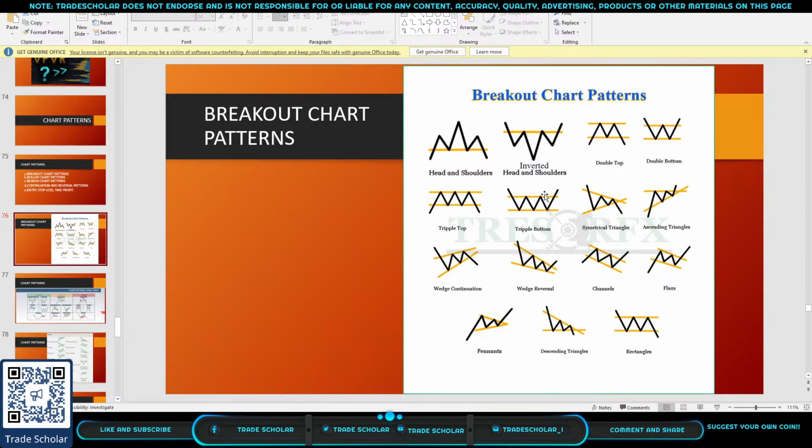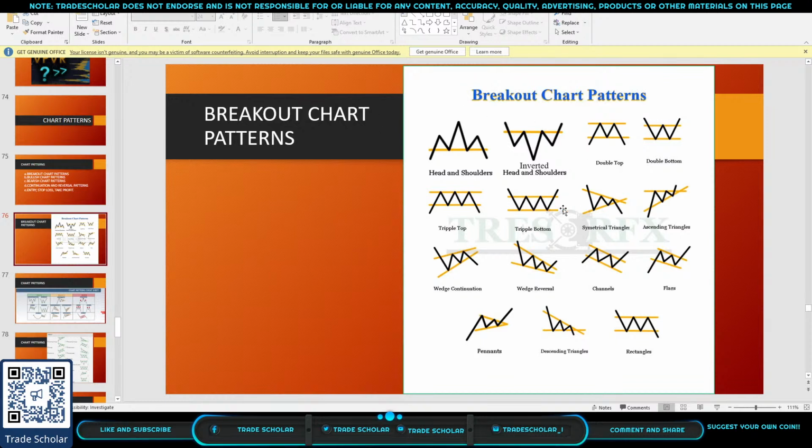Triple top, triple bottom, wedge reversal, wedge continuation, channel down, channel up, flags, bear flags, bull flags, rectangles. The rectangle usually we call box and chill. You make a box in the consolidation and then chill, whether it goes to the upside or to the downside. Pennants, bullish and bearish pennants, double bottom, ascending triangle, symmetrical triangles.